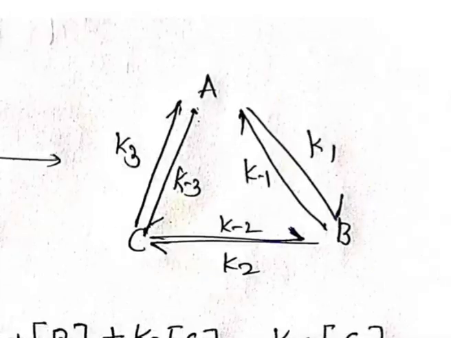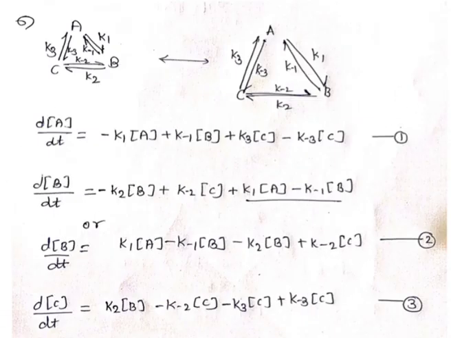But each time there is a forward reaction and a reverse reaction, and you have to write down the rates of species dA by dt, dB by dt and dC by dt separately. So, see how we are going to write down the rate for this type of reaction. Initially, you have to write down the rate of formation of dA by dt. It will be either formed or going to decrease.